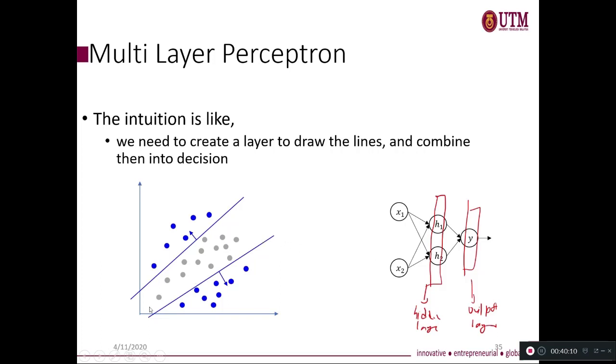So even though this is a binary classifier, it can tackle cases where you need more than one linear, straight-line boundary. That is why people introduce the hidden layer.